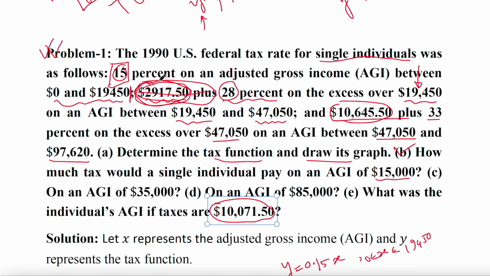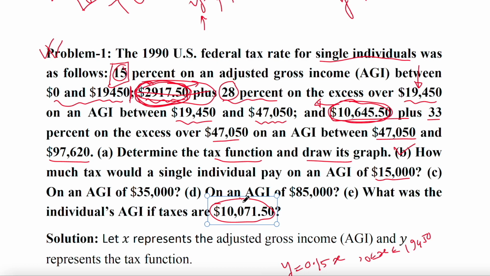If your tax is this amount or less than this amount, you need to use the first equation. However, if your tax is bigger than this amount but less than this amount, you need to use the second function. But if your tax is bigger than this amount, you need to use the third one.